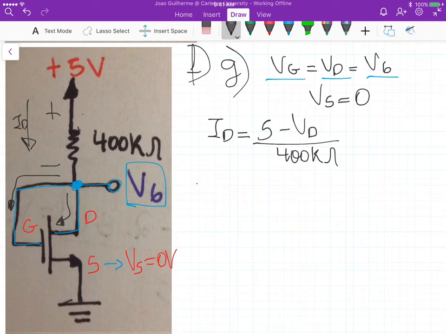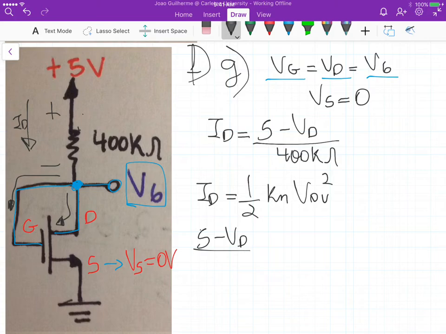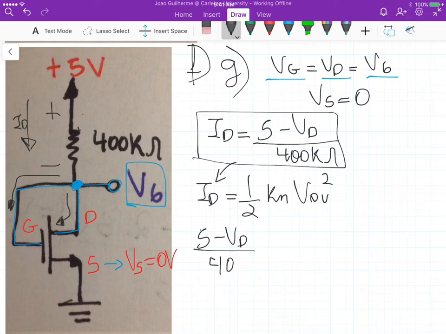Now remember that ID is equal to 1/2 the device transconductance times the overdrive voltage squared. And in this case, ID is 5 minus VD, right? We are just substituting this one here for ID, divided by 400k, and that's equal to half the process transconductance.